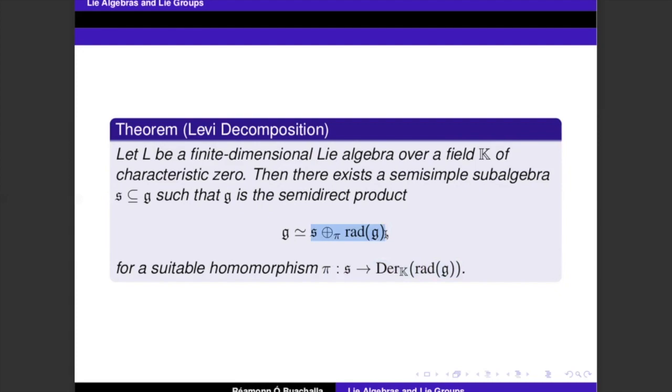It says that the solvable and the semi-simple Lie algebras that we've been studying up until now somehow give you everything, that you can glue together solvable and semi-simple and produce all possible finite dimensional Lie algebras over a field of characteristic 0. And that's why we put so much importance on trying to understand solvable and semi-simple Lie algebras, because they give you everything.